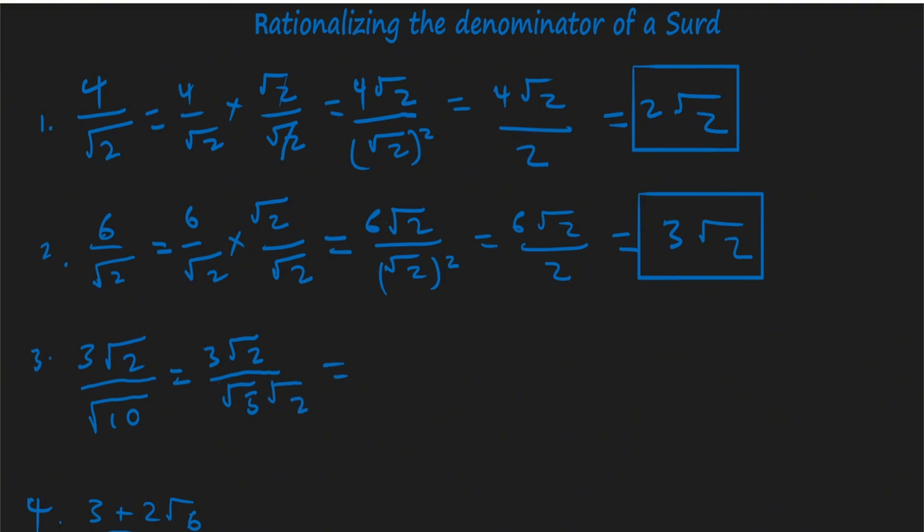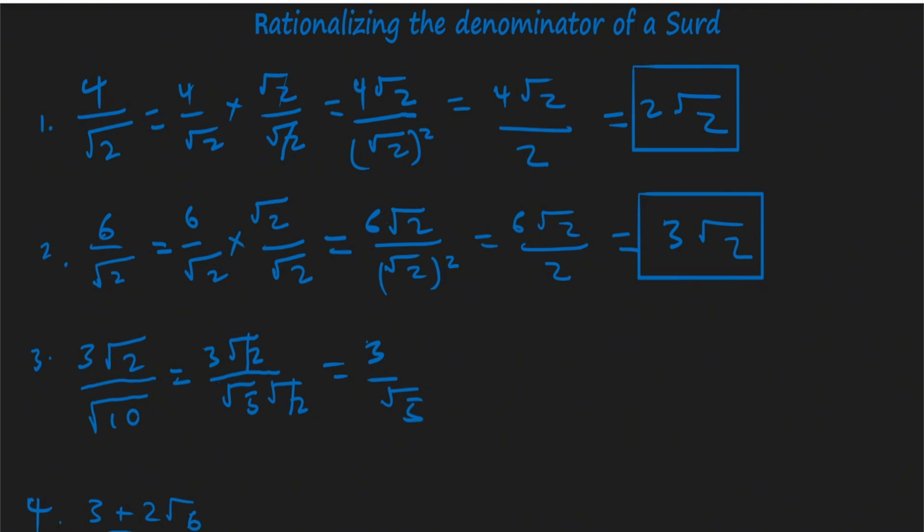We have root 2 here, we have root 2 there, so root 2 over root 2 is 1. So we're going to have our numerator to be 3 and denominator to be root 5.